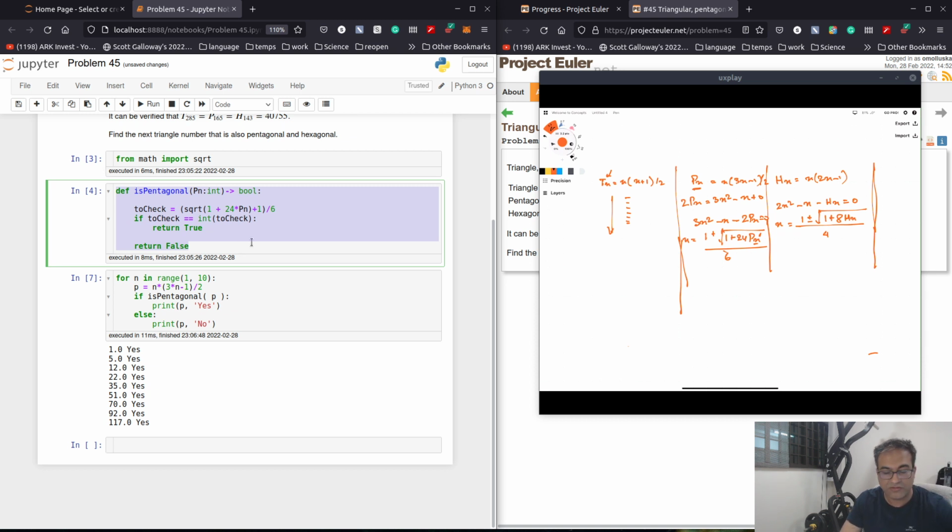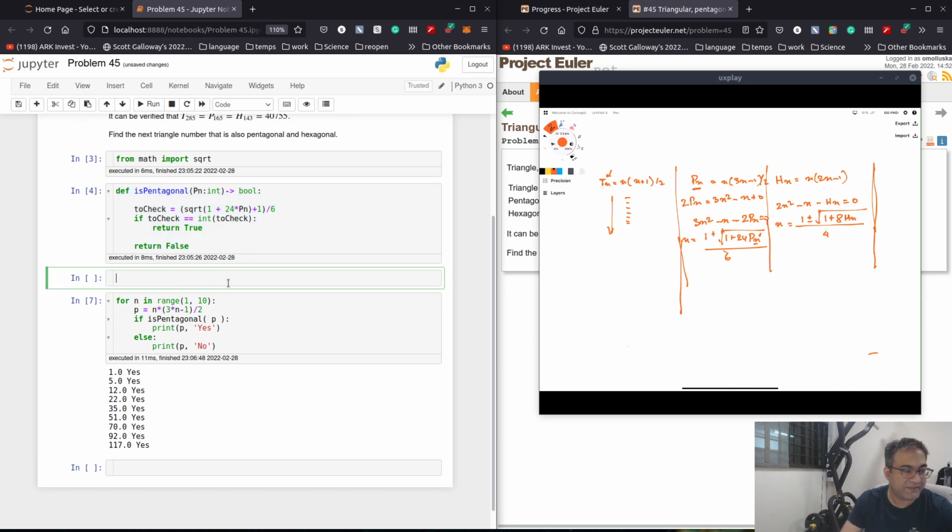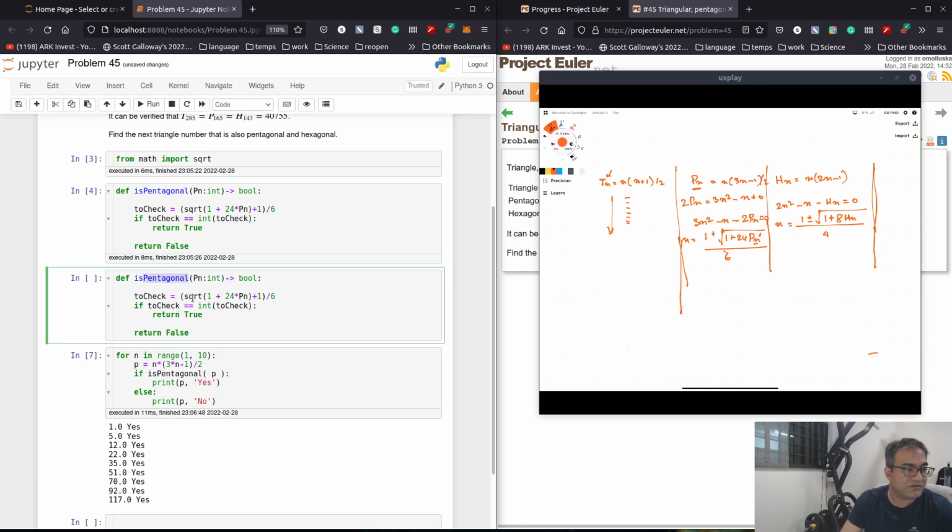We will also do something similar for hexagonal. Is hexagonal, and this should be hn, and the equation that we are looking at is, wait, oh no, this is correct. 1 plus, so there's supposed to be an hn, plus 1 divided by 4, in this case 4, like that.